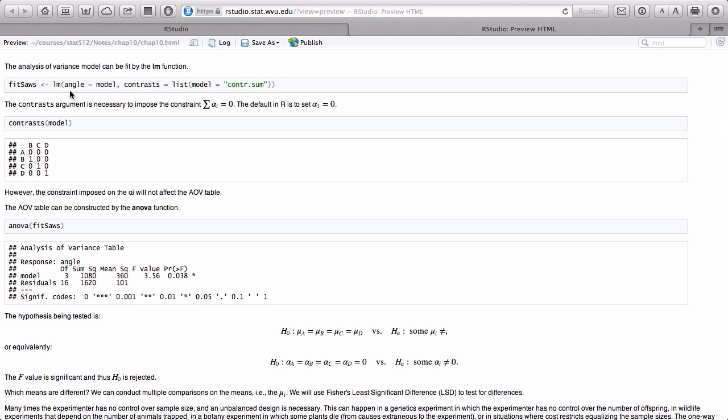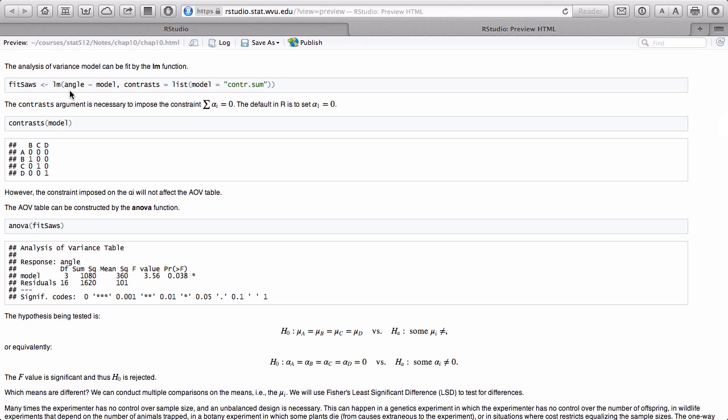Well, the reason I don't is because it assumes a balanced design. In other words, it assumes that the n sub i's are equal. And this even becomes more important once you get to a two-way or three-way analysis of variance. In that case, you feel free to use aov as a function. It works the same way. It's just that it assumes balance, and we often don't have balance. And so, from my point of view, I don't spend a lot of effort on the aov.